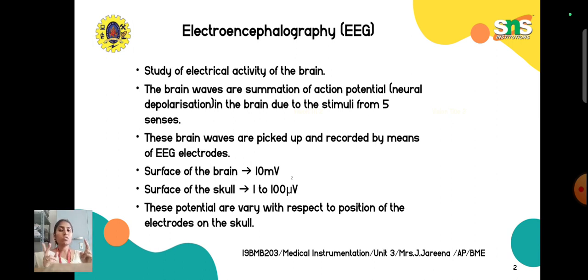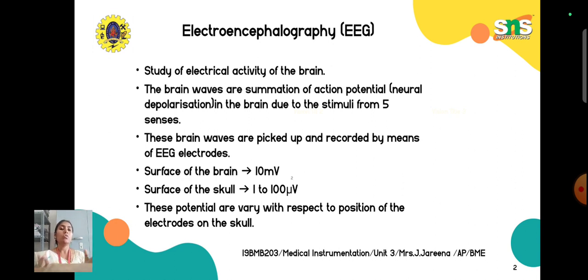Based on this position, there are two types, as you know: one is the invasive type, and the other is the non-invasive type. Invasive means you place the electrodes directly over the brain. Non-invasive means just over the skull, and you need not make any cut or open the skull.